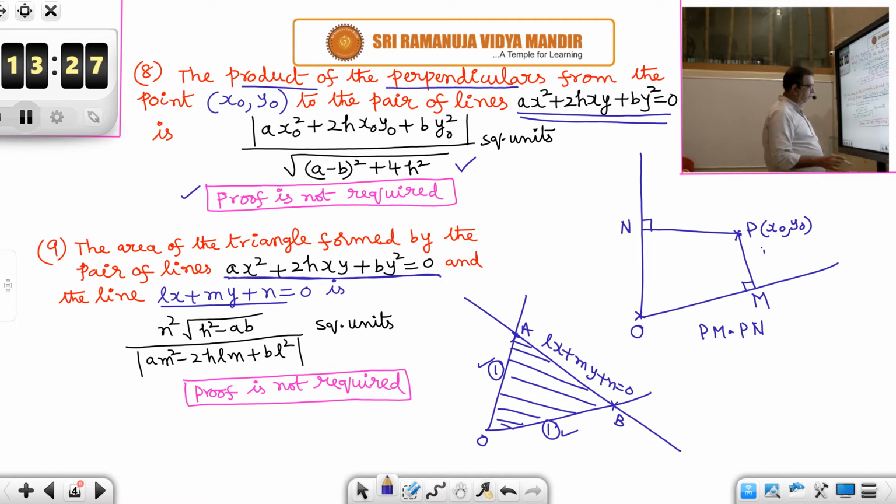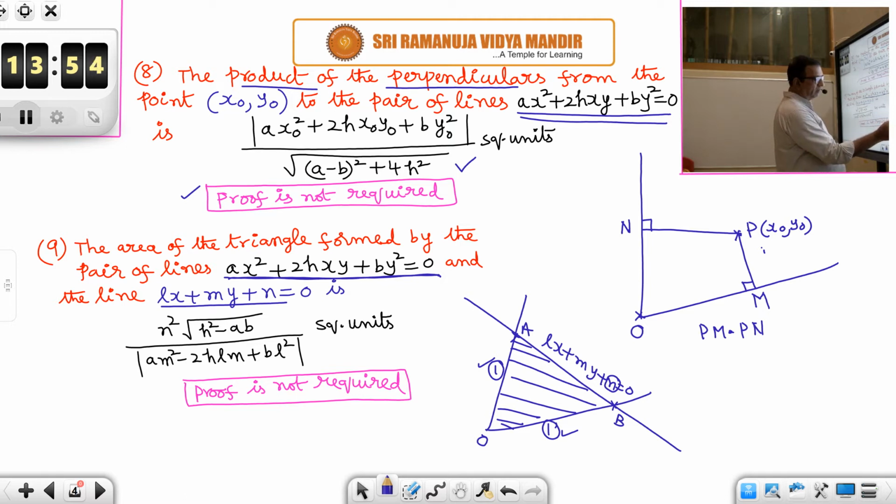What is the area of the triangle OAB? For this, the formula is n square, constant term in the single line, whole square, n square into root of h square minus ab by mod of am square minus 2hlm plus bl square. See, the denominator is like this.